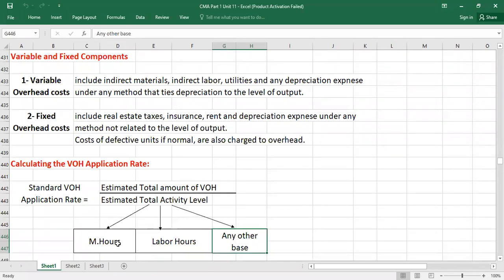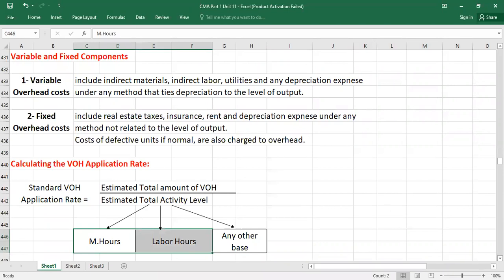Case number one, maybe the variable overhead will be absorbed based on machine hours or labor hours, and case number two, maybe the variable overhead will be absorbed based on level of output. I'm going to explain first what to do if variable overhead is absorbed based on machine hours or labor hours.